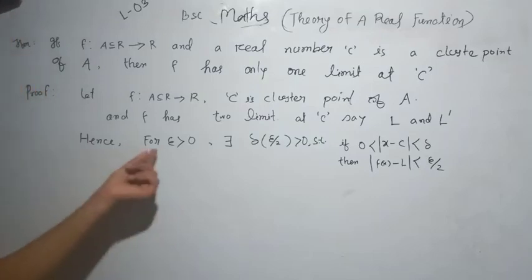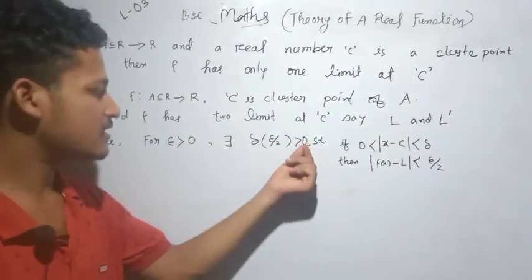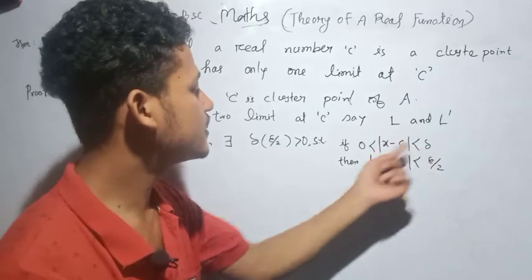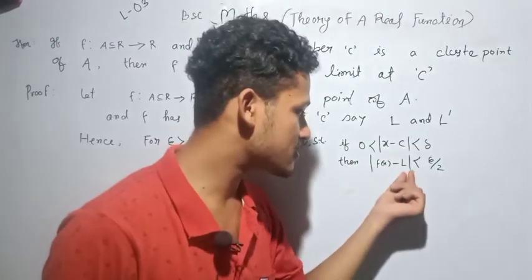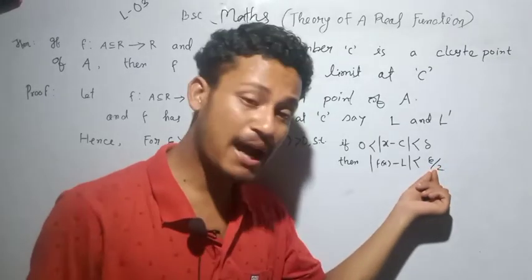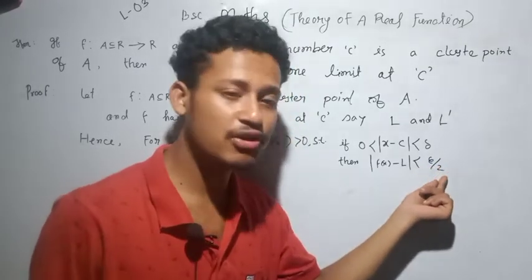For any epsilon there is delta such that if this, then f of x minus L is less than epsilon, but we have written here epsilon by 2.